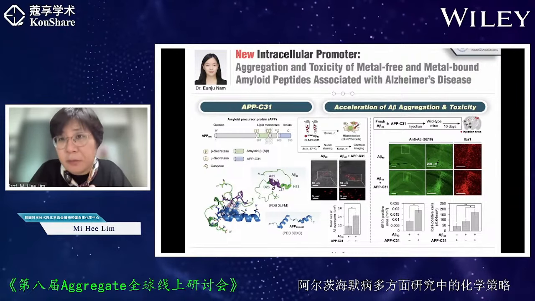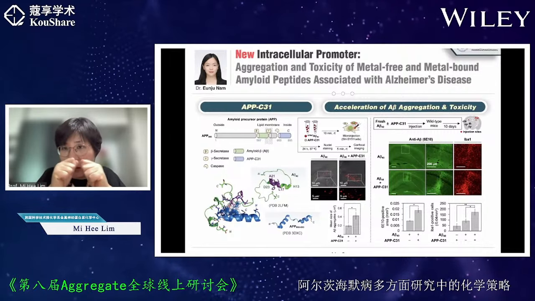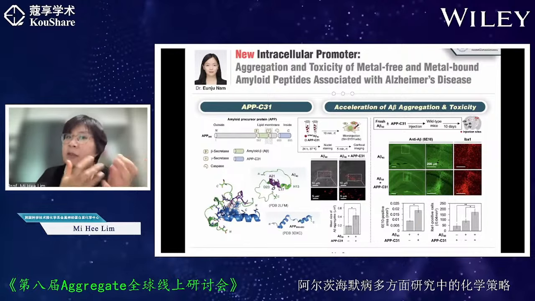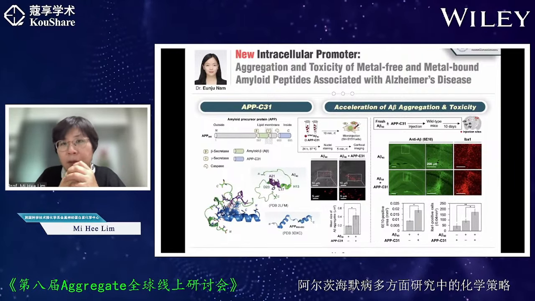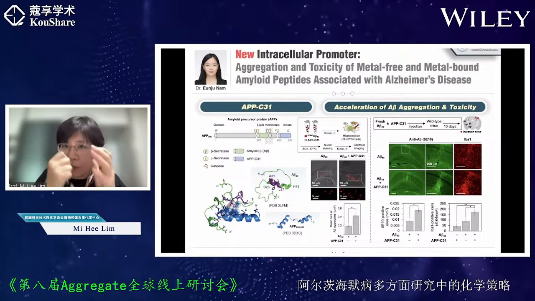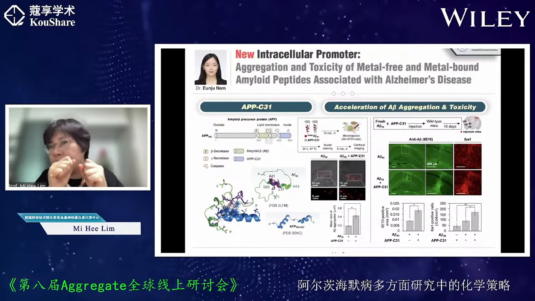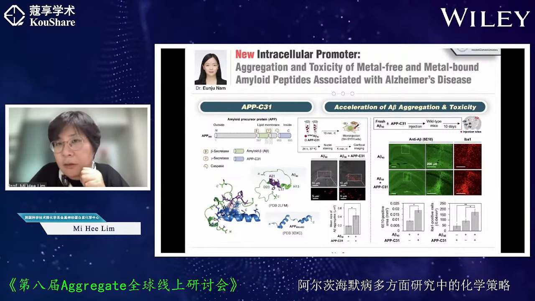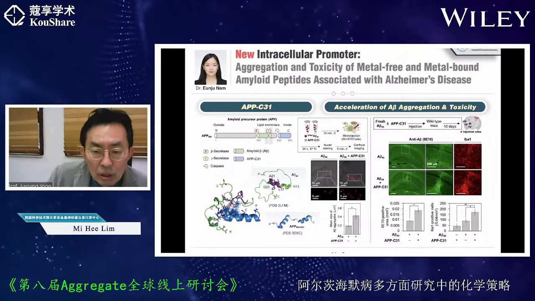So the metal and A-beta interaction, in that study and some recent follow-up studies and published papers, really suggests that this metal and A-beta communication is very critical for the pathology in Alzheimer's disease.